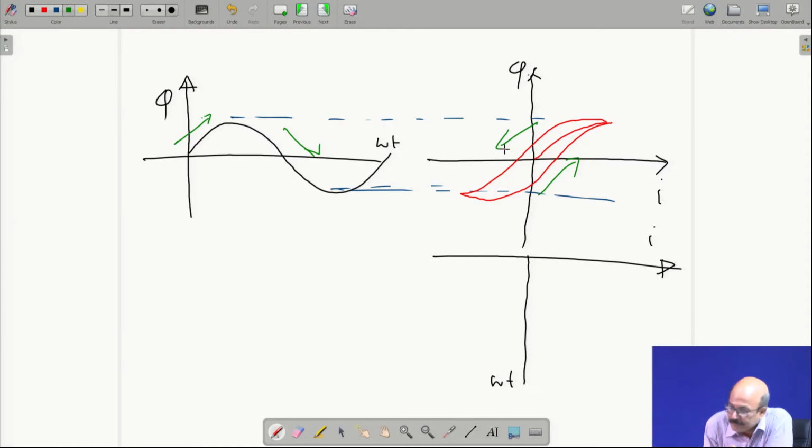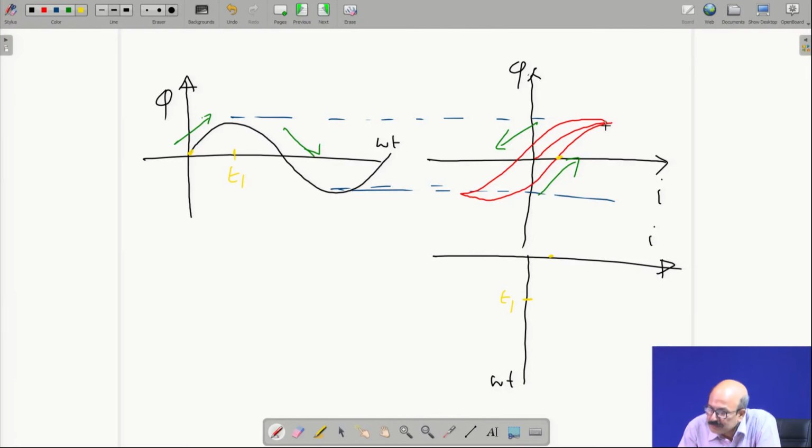And if you start again, checking, for this point, increasing 0 is this point. So you go to this point, and then to some time scale T1.